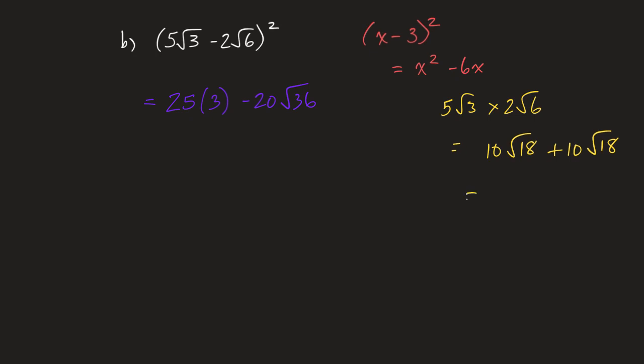And if I take 10 of something and add on another 10 of something, then I have 20 of that something. My coefficient on the radical changes, not what's underneath the radical. And so maybe now we can really see where I made that mistake on that root 36. That should have still just been a root 18.